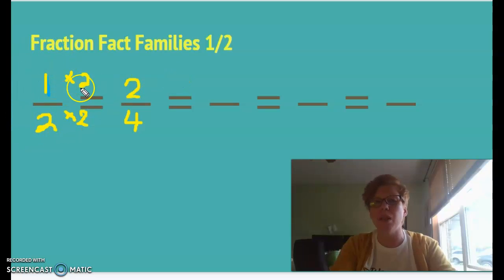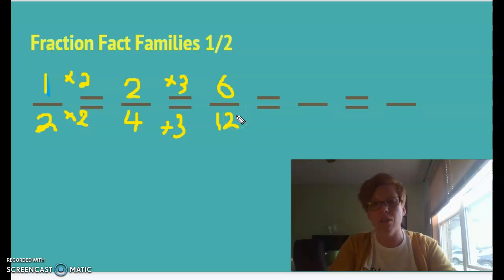And if I kept multiplying, if I multiplied this by 3 and multiplied that by 3, well, 2 times 3 is 6, 4 times 3 is 12. Look, we've got 6/12. 6 is half of 12, so it is in the half fraction fact family. Let's keep going.